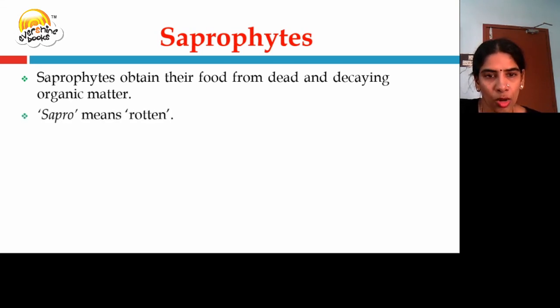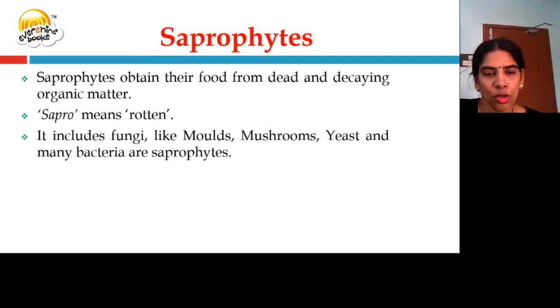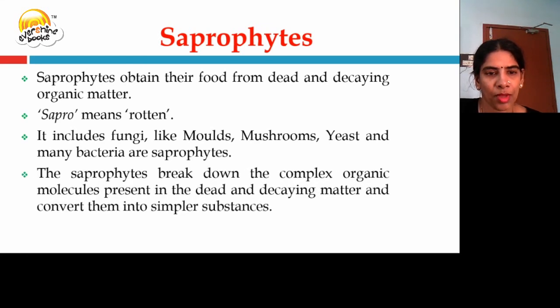Sapro means rotten. It includes fungi and molds, like mushrooms, yeast, and many bacteria. The saprophytes break the complex organic molecules present in the dead and decaying matter and convert them into simpler substances.